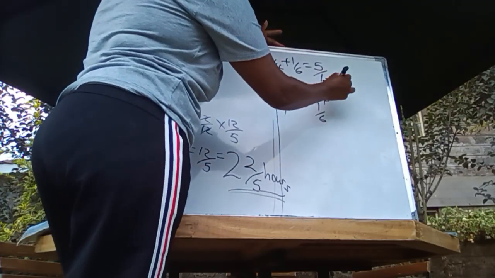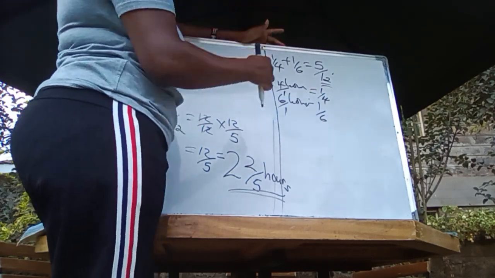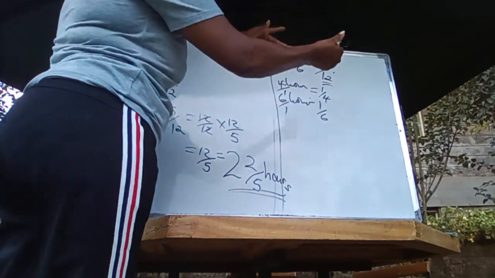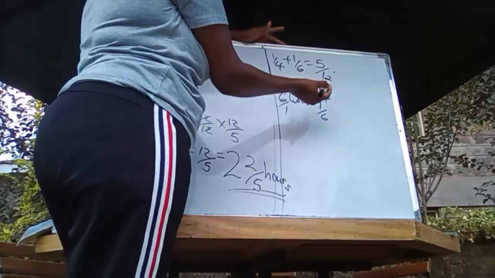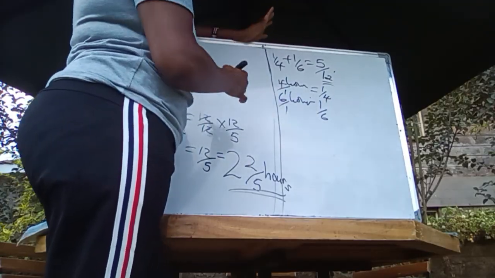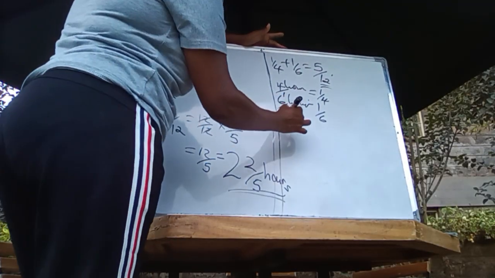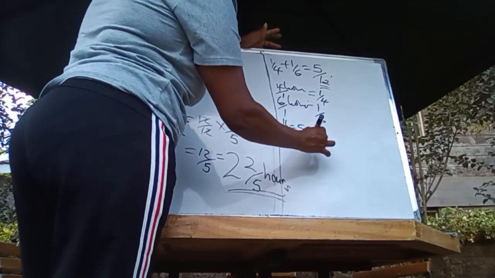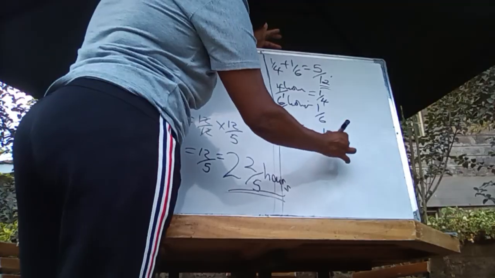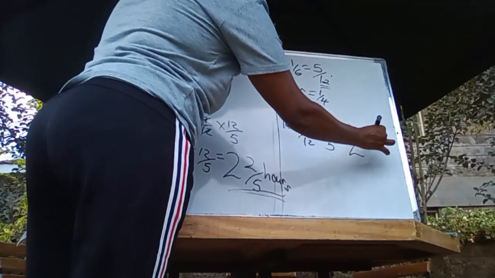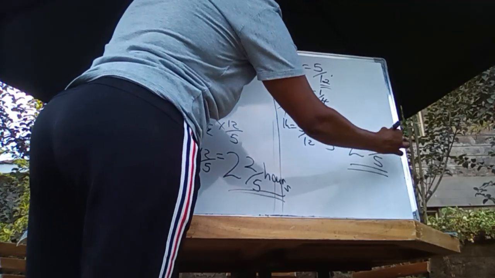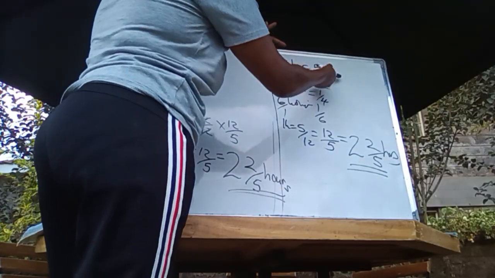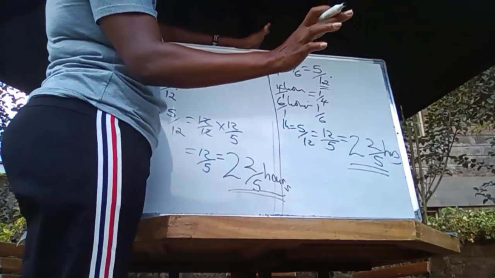So in 1 hour it was 5 over 12, which is the same as 12 over 5, and your answer still becomes 2 and 2 over 5 hours. You can just reciprocate the answer that you get.